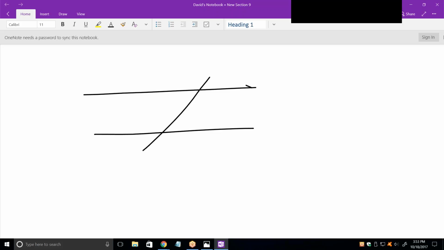When I transverse two parallel lines, notice that I create 8 angles. How many unique angles do I create? Just 2.